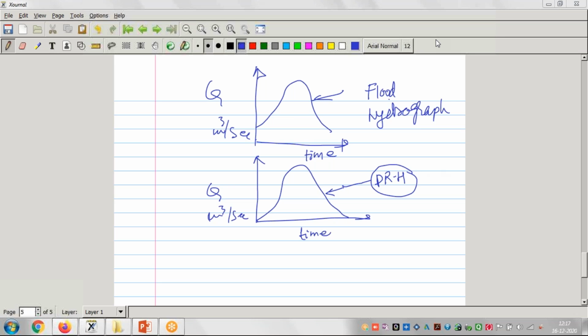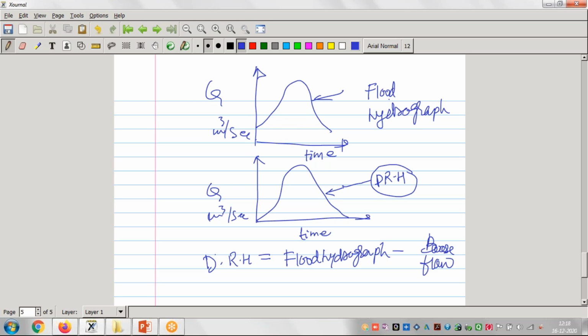Now, it means that whenever we have to draw the direct runoff hydrograph, we will do one thing: from the flood hydrograph, we deduct the base flow.